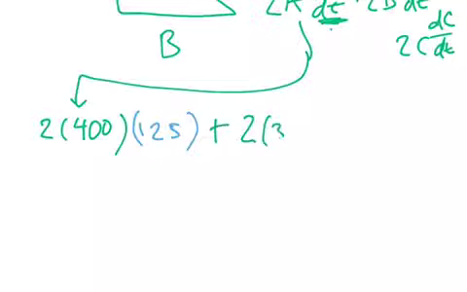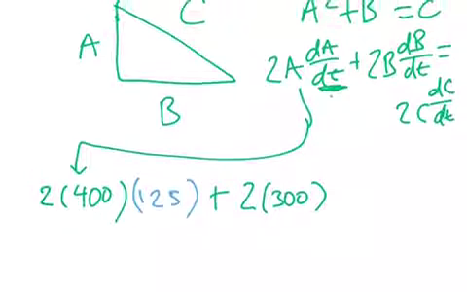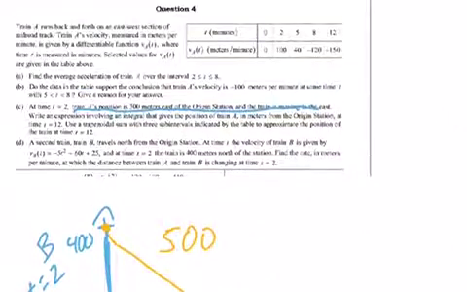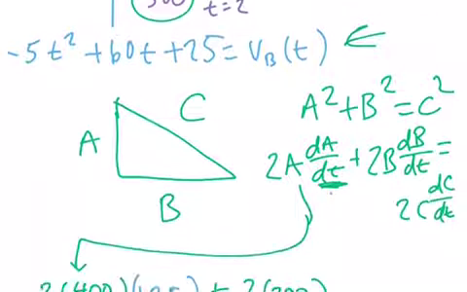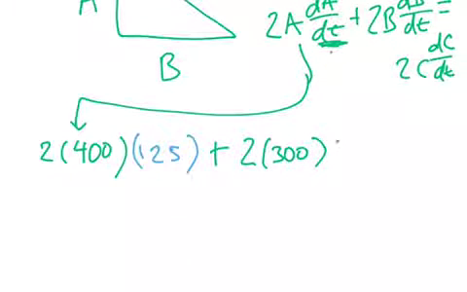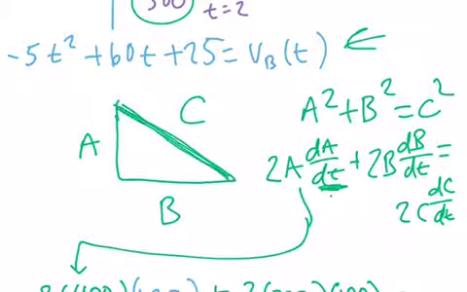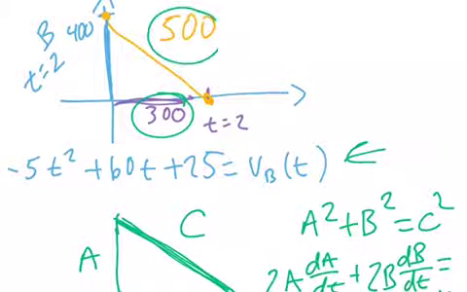So 2 times 300. And then how do I figure out dB/dt? Well, dB/dt at time 2 is in the chart, right? It's going to be 100. And this is going to equal 2C, C being this distance here, which we calculated to be 500.